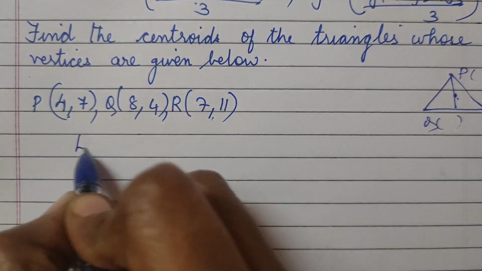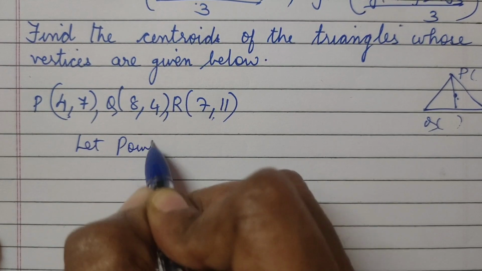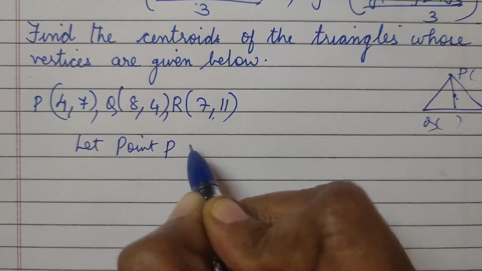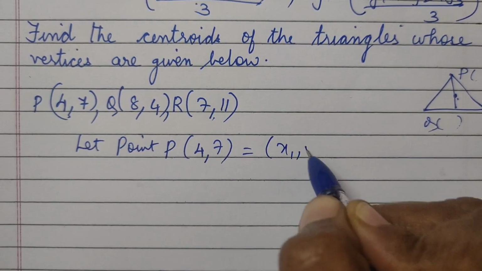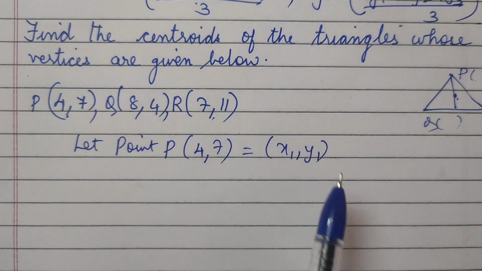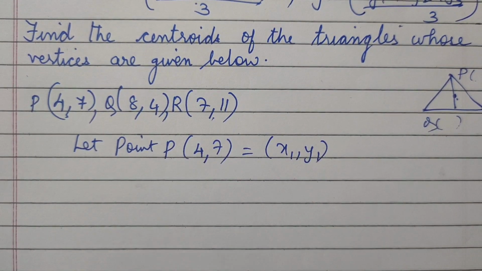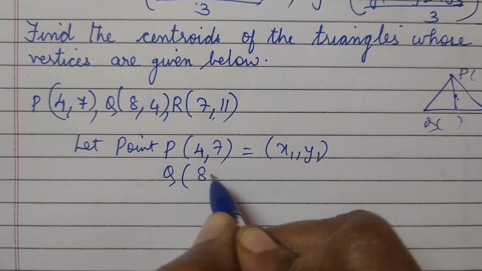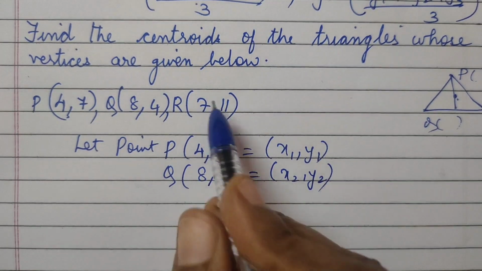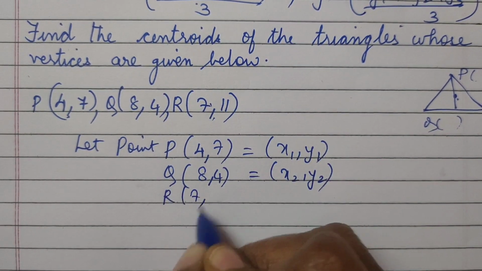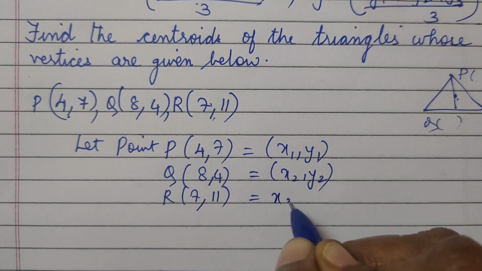Initially we will write: let P, 4, 7, be x1, y1. We always have to say which one we have assigned as x1, y1, and Q, 8, 4, as x2, y2, and R as x3, y3.